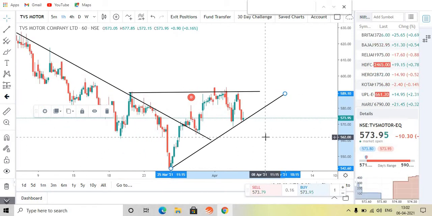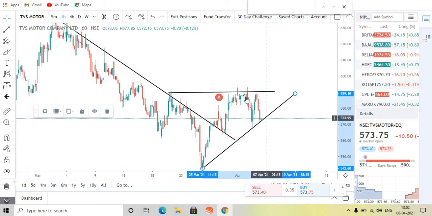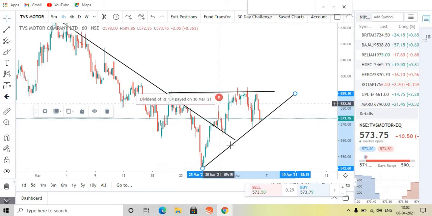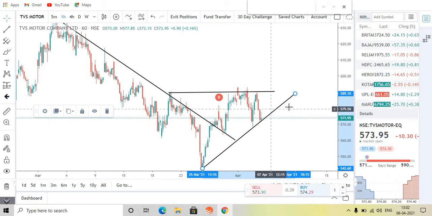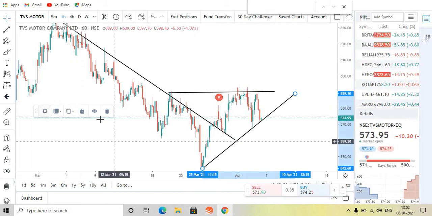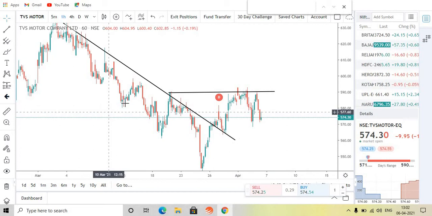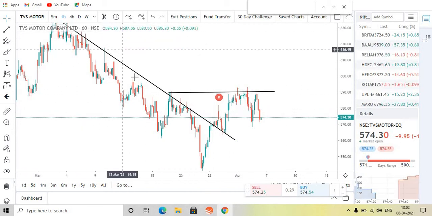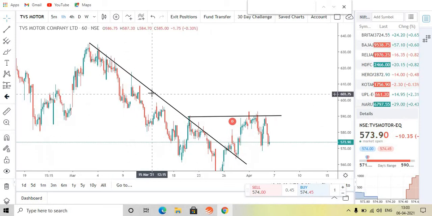The price goes up, goes down, goes up, goes down. This is called a consolidation, so clearly there is no trend. You don't have to worry about how I draw this trend line. This is to show you how the current market is, whether it is a trending market or a consolidation market.